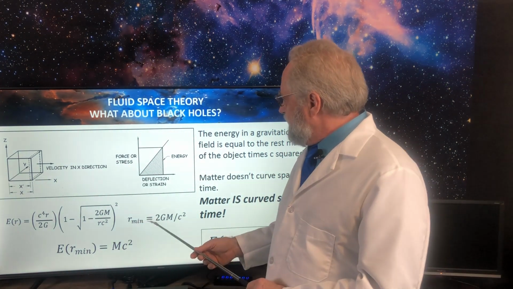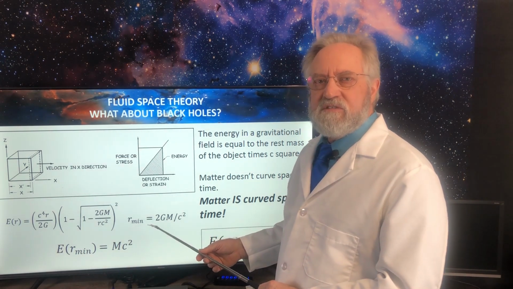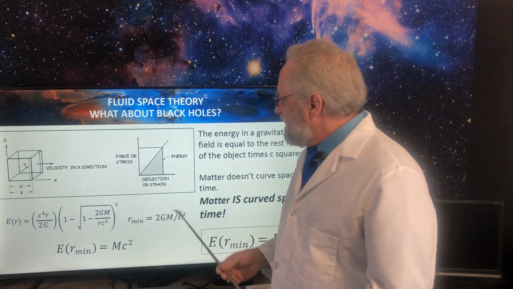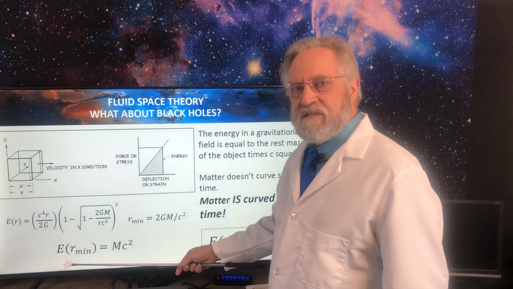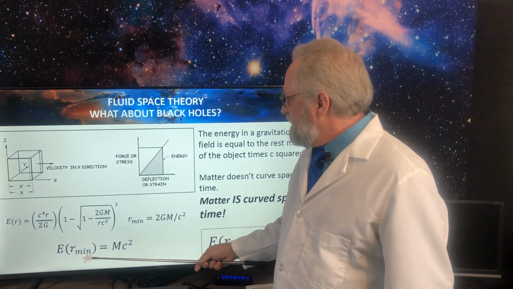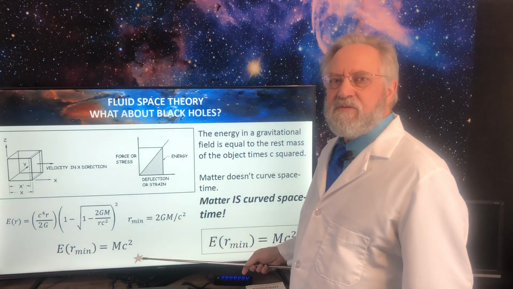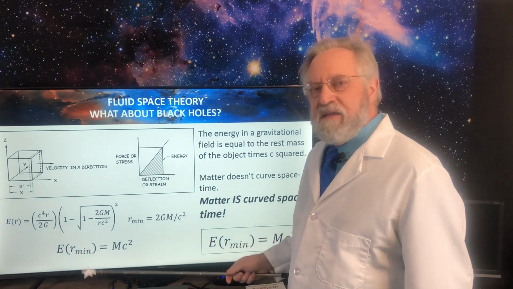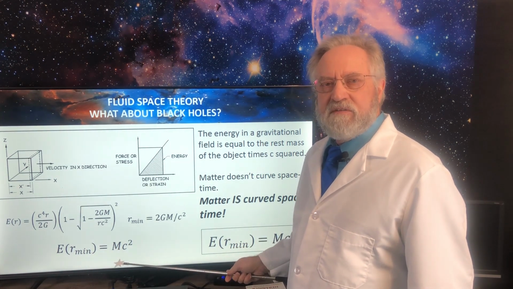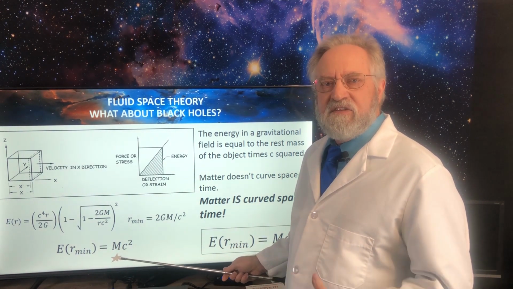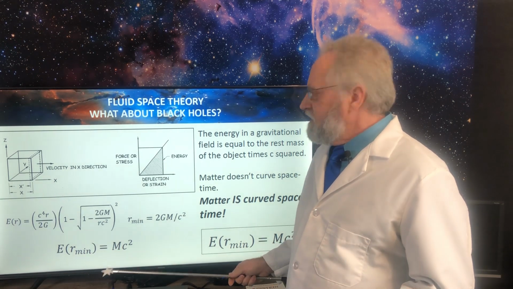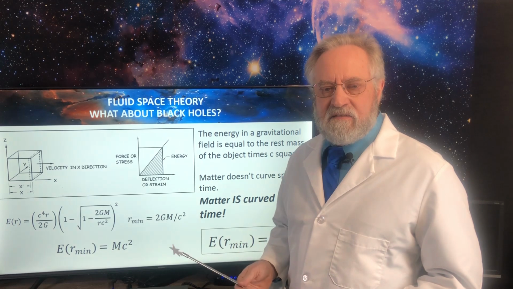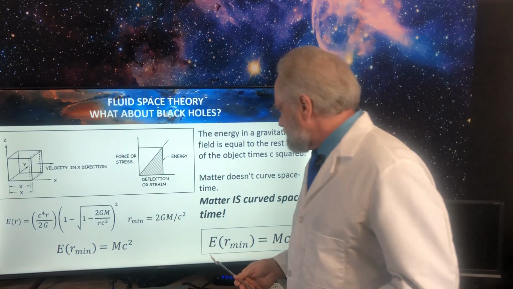So what if we plug in the minimum radius, which is the Schwarzschild radius, at the event horizon? When we plug that in, we get that the energy of a gravitational field is equal to mc squared. Now this is no coincidence. We've just arrived at Einstein's energy-matter equivalence through an entirely different approach. And we've confirmed what Einstein discovered in his approach.